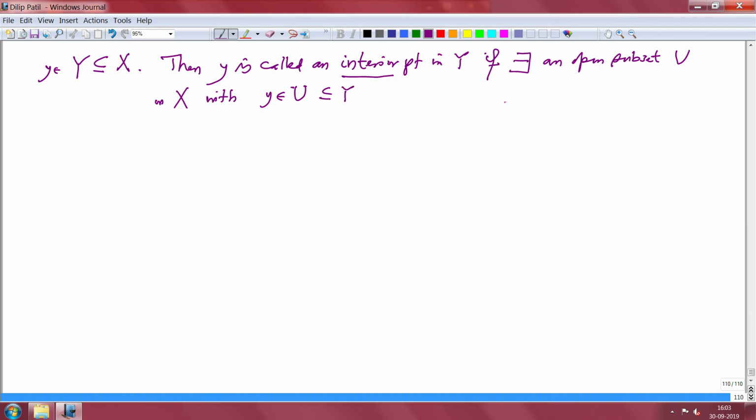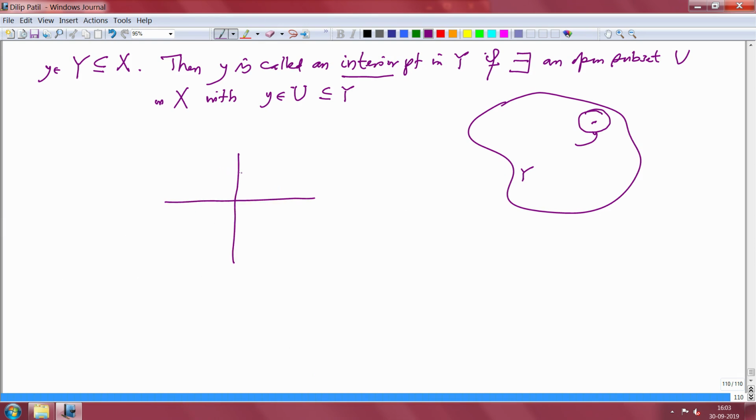To draw the picture, this is a subset Y, and this is the small y. If I can find a small open set which completely lies in Y, then you call it an interior point. For example, suppose Y is my closed disk, which means it contains the boundary also, and I am taking X equal to R2.